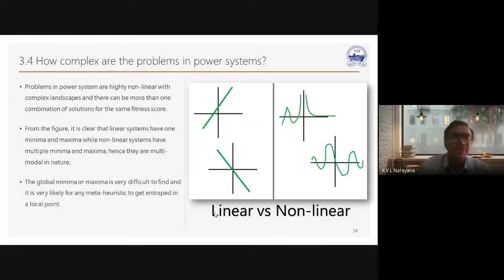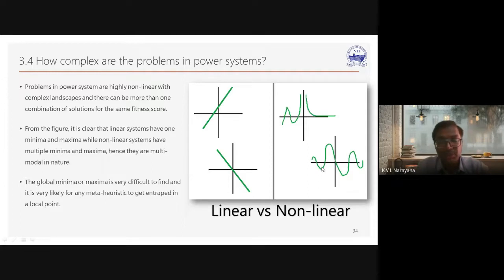So how complex are the problems in power systems? Again, the nature of the problem. The problem may be linear or non-linear, but most of the problems considered in the power system are non-linear in nature. If you see, linear means there may be only one minimum and maximum, but in the non-linear, on the right side of the slide, there may be more than one minimum and maximum value of the function.